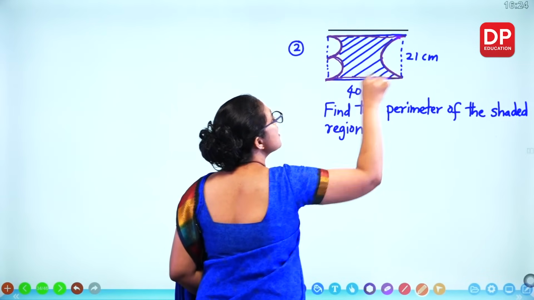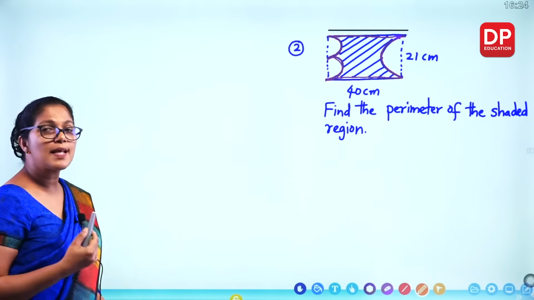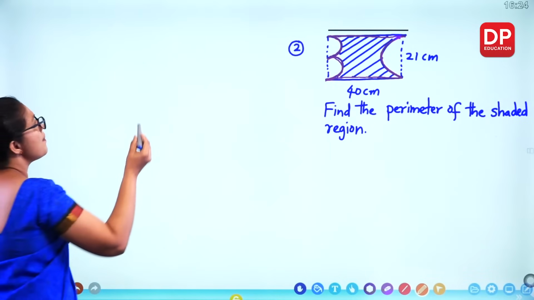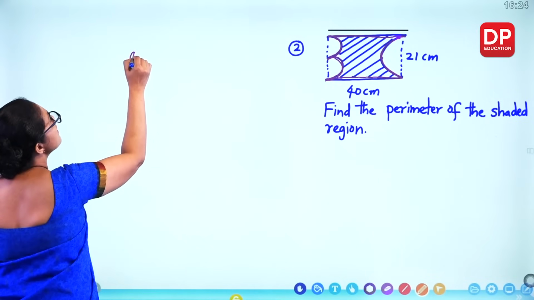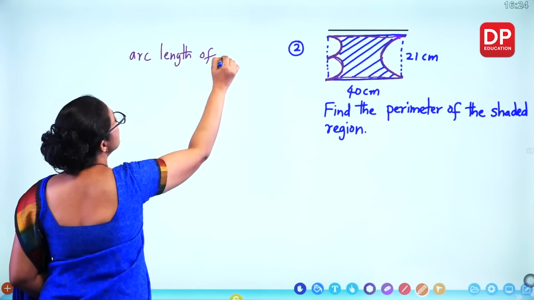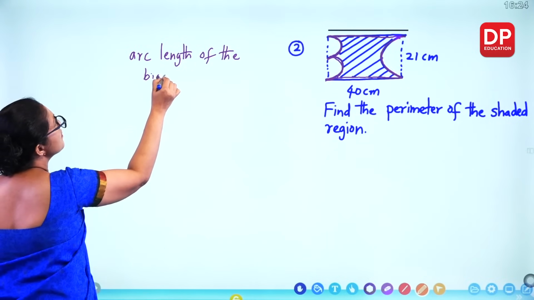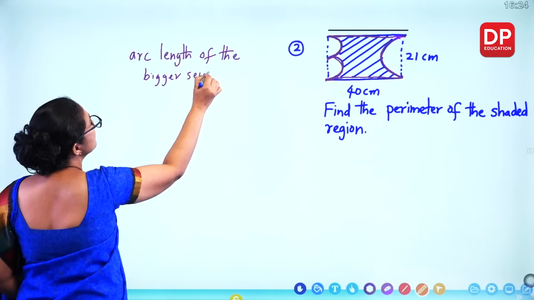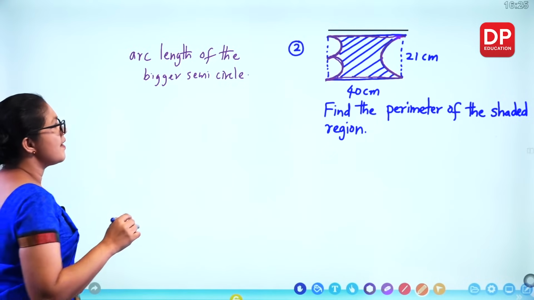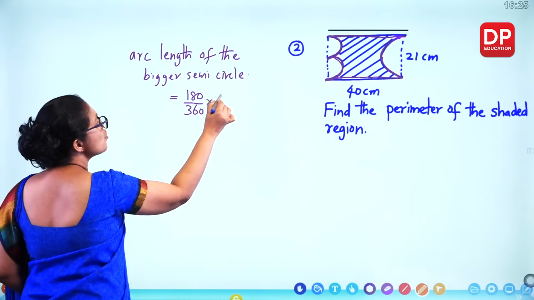So first find the bigger one. 21 is the diameter there and that's a semicircle. Angle is 180. So we'll first find the arc length of the bigger semicircle. So you know angle is 180, divide by 360 into 2 pi r.